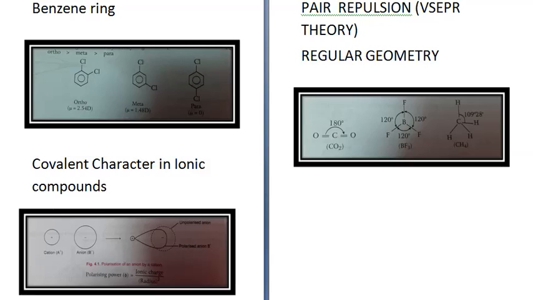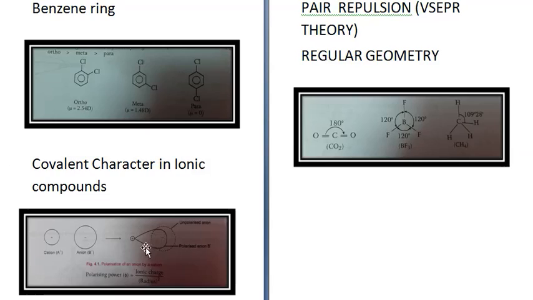Polarization causes sharing of electrons between two ions to some extent and develops some covalent character in them. See, the smaller one is cation and this is anion. So when they combine together, instead of the spherical shape, now the shape becomes something like this. It gets distorted.